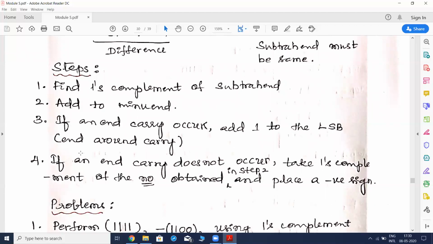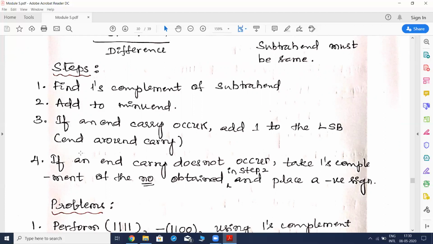So when you add the one's complement of the subtrahend and the minuend, if the result has a carry, then you must perform end around carry. If there is no carry present, then you are supposed to take the one's complement of the number obtained in the second step, and you must place a negative sign.